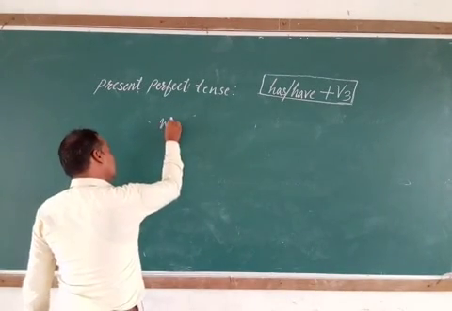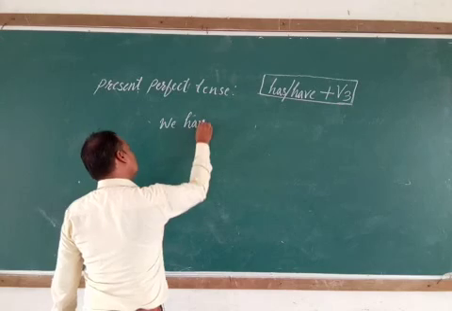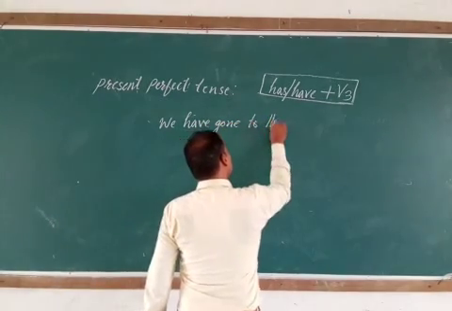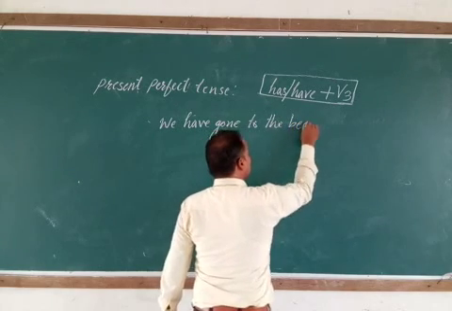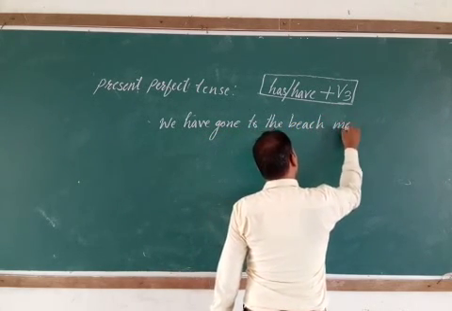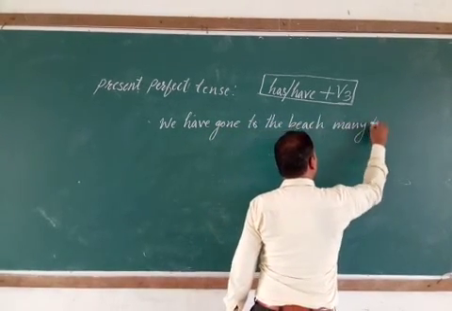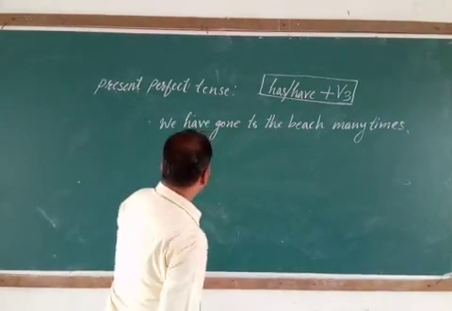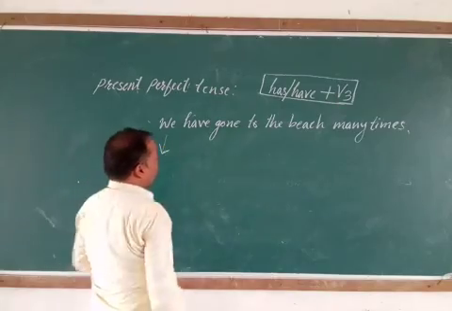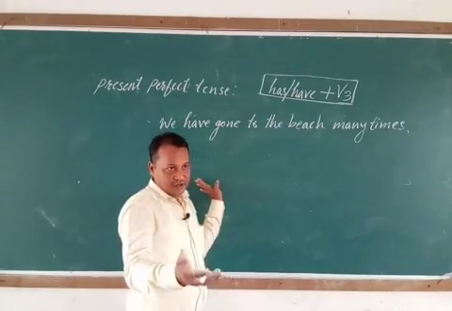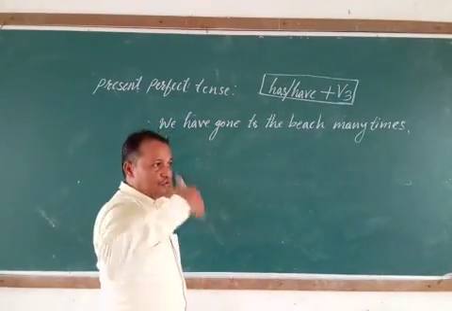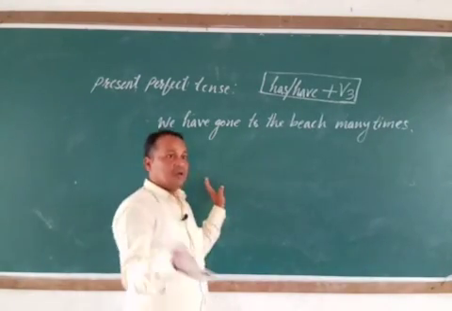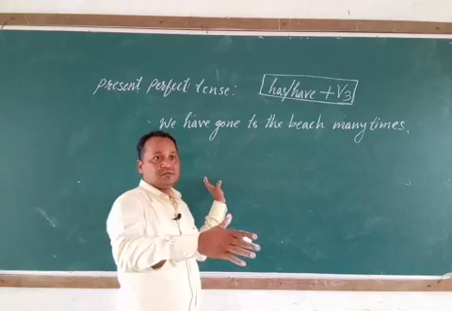Like, we have gone to the beach many times. So what does it mean? Means we went a year ago to the beach, we went two years ago to the beach, we went a month ago to the beach.